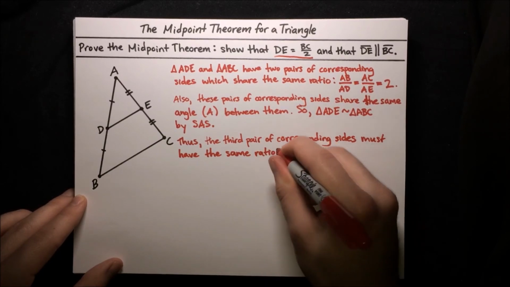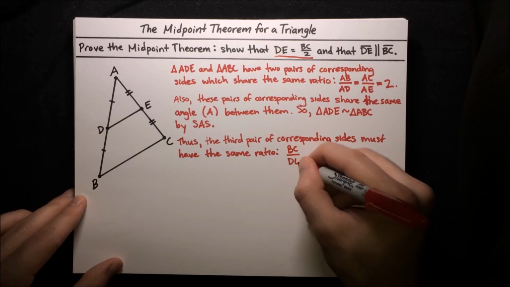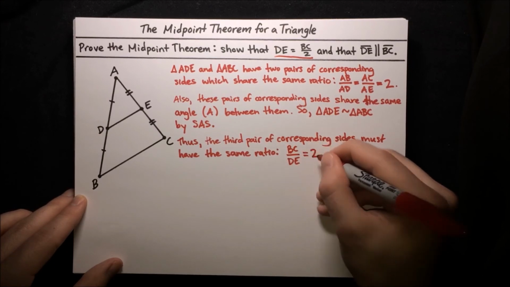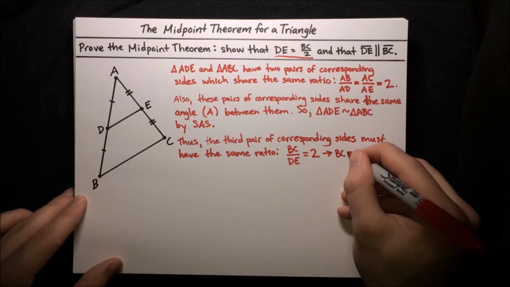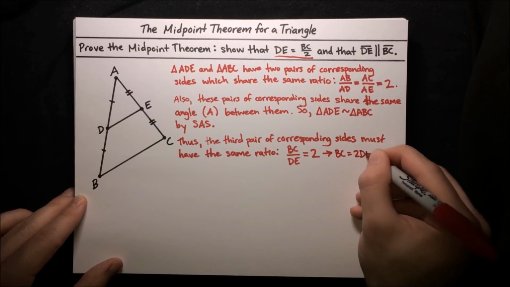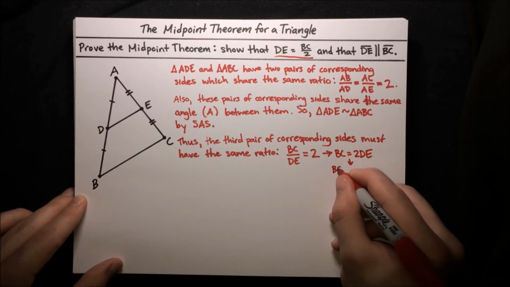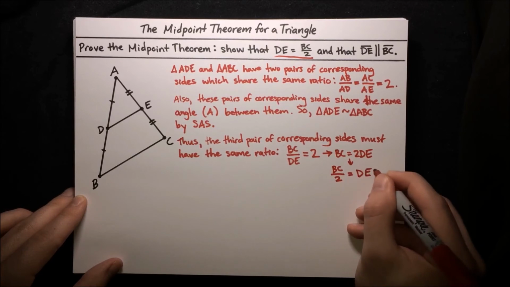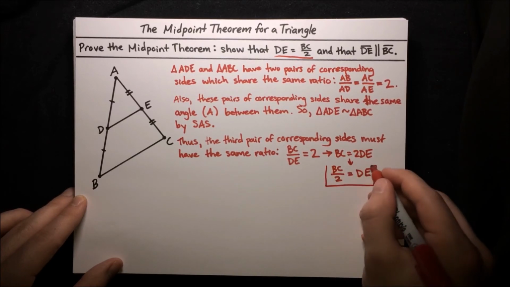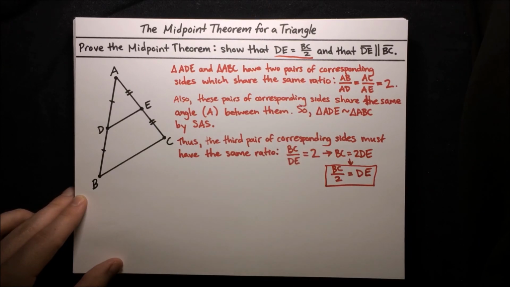In other words, we have that BC over DE equals 2. And that can be rearranged to say that BC equals 2DE, which can also be rearranged to say that BC over 2 is equal to DE. And that's what we wanted to prove in the first place. Good, so we've got that part there. We've got that DE equals BC over 2.